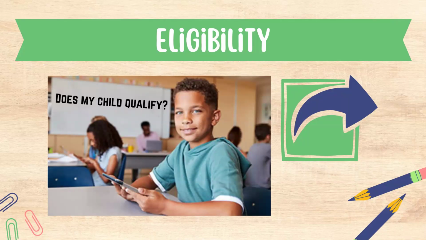Having good grades does not make the determination. Overall, Section 504 covers a much broader range of students with disabilities than the Individuals with Disabilities Education Act, known as the IDEA, which governs IEPs. Therefore, a child may qualify for a 504 plan, but not qualify for an IEP.